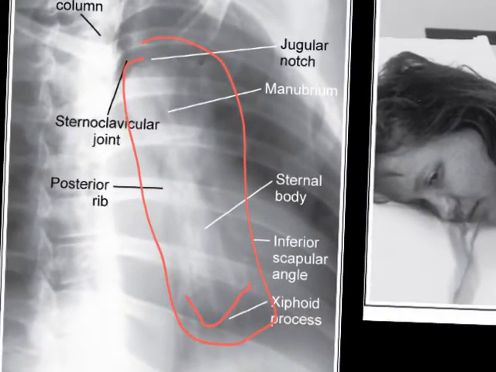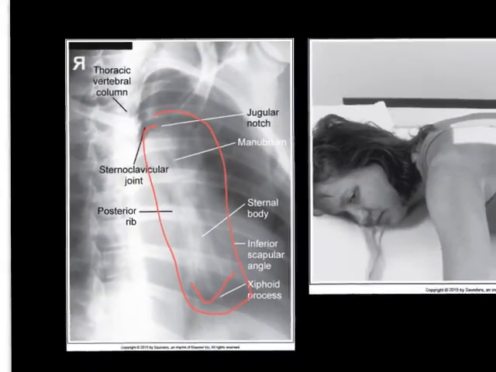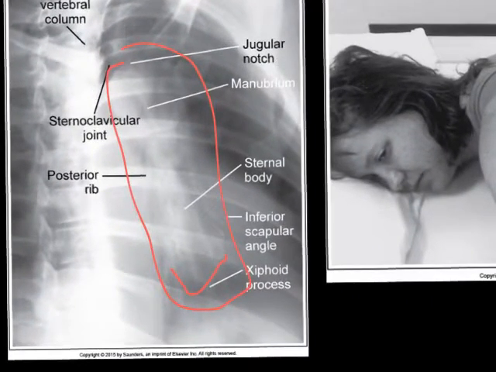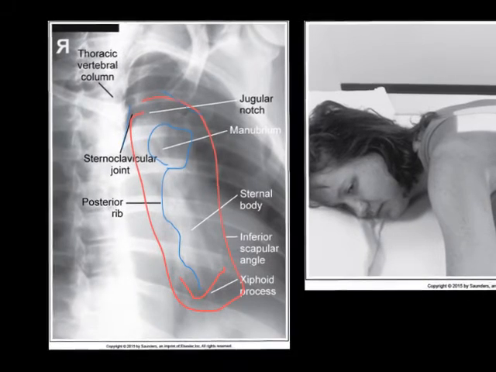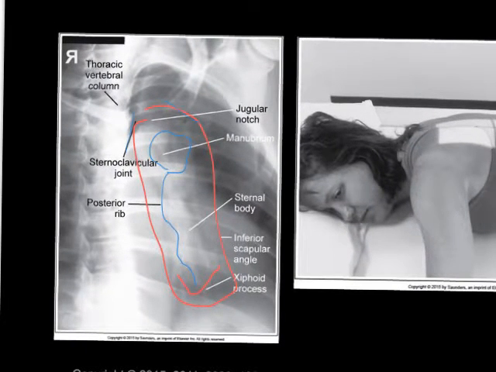We can see the SC joint, and if our marker is correct, that's the patient's right SC joint here, and left one on this side. And then we see here's the manubrium up here, right, and sternal body and the xiphoid process at the bottom. So this is a sternal image, right? That's what this picture was done to represent. And so we know that this position, we call it a lot of times the PA RAO sternum.